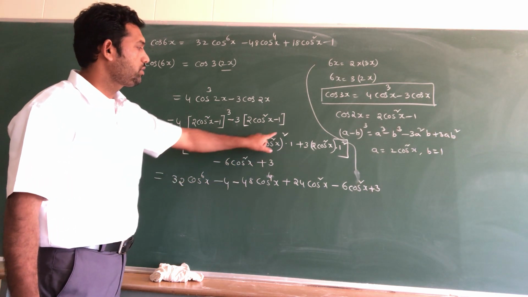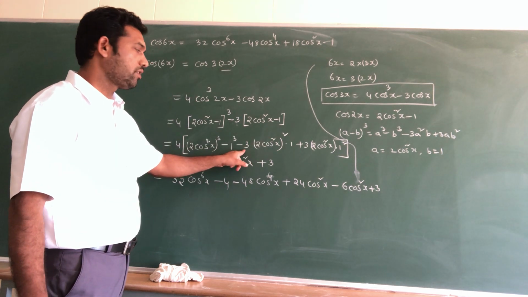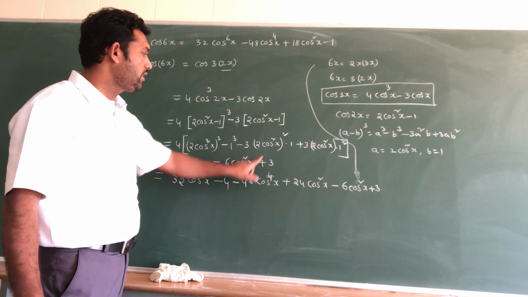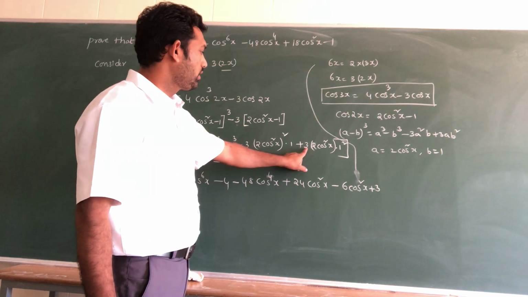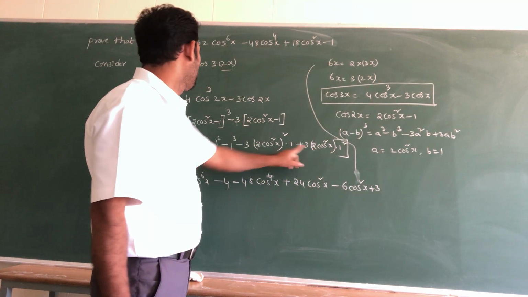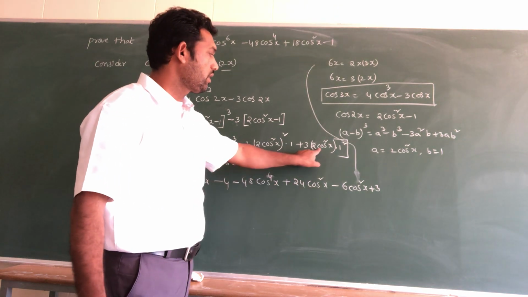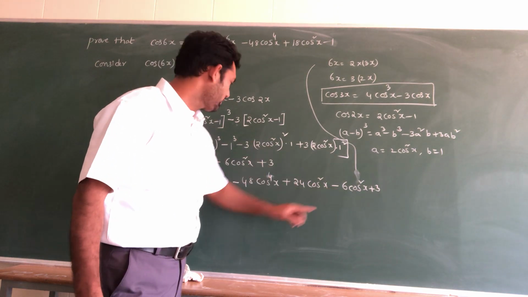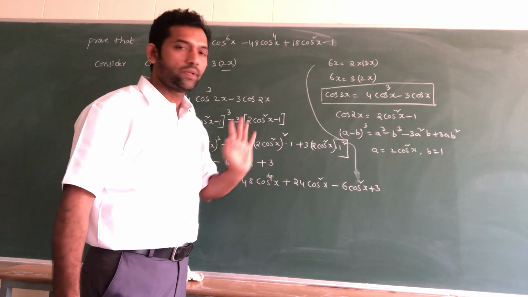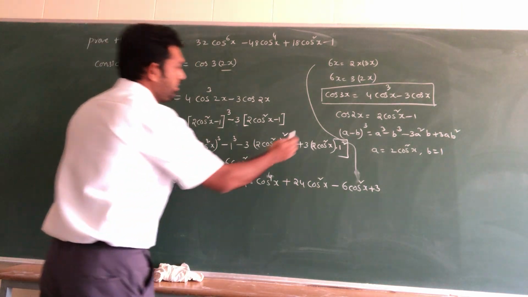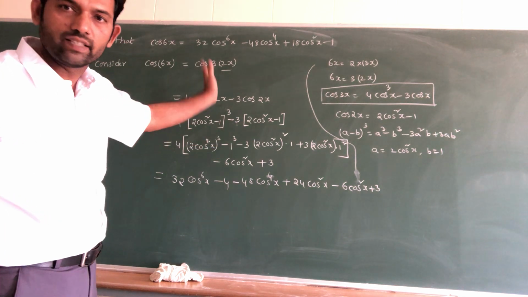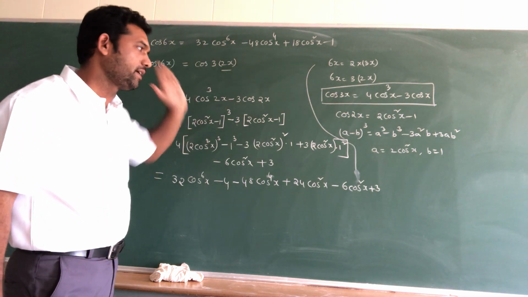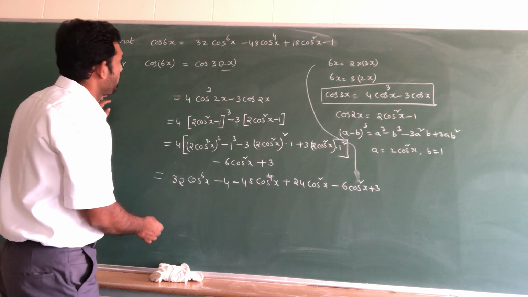Next, 2 square 4 into 3 is 12 into 4 is 48 cos^4 x. Next plus, 3 into 2 is 6, 6 into 4 is 24 cos square x, minus 6 cos square x plus 3. So the inside bracket value is simplified and directly multiplied with 4. Okay, right? Now see that simplification.